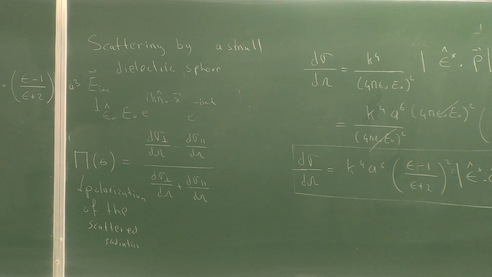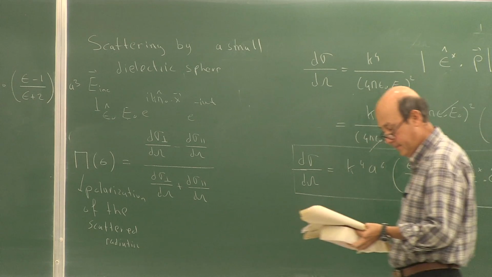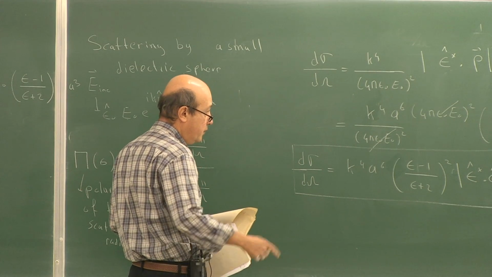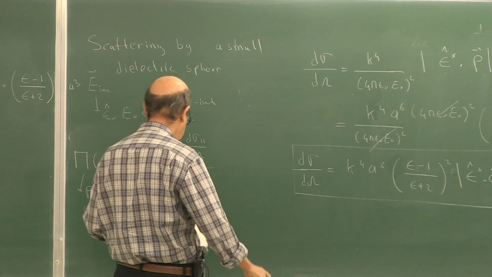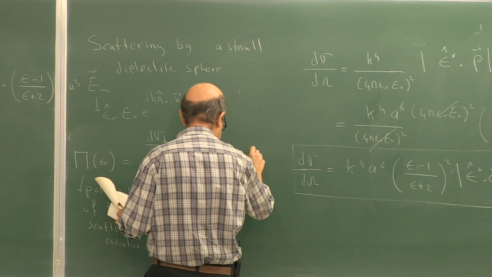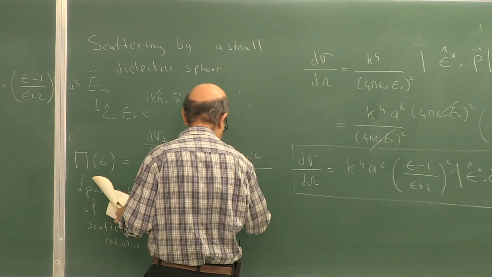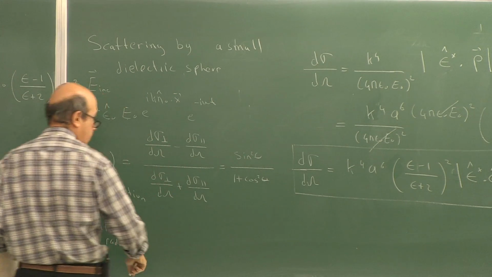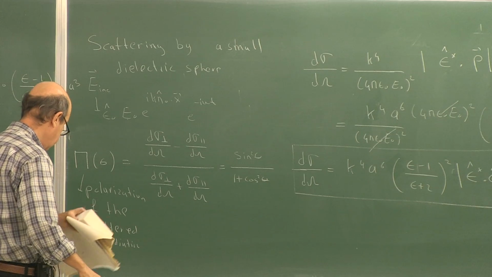This is sine square. And if you divide by the sum, that will be 1 plus cosine square, and your result will be sine square theta divided by 1 plus cosine square theta, because the coefficients are the same.